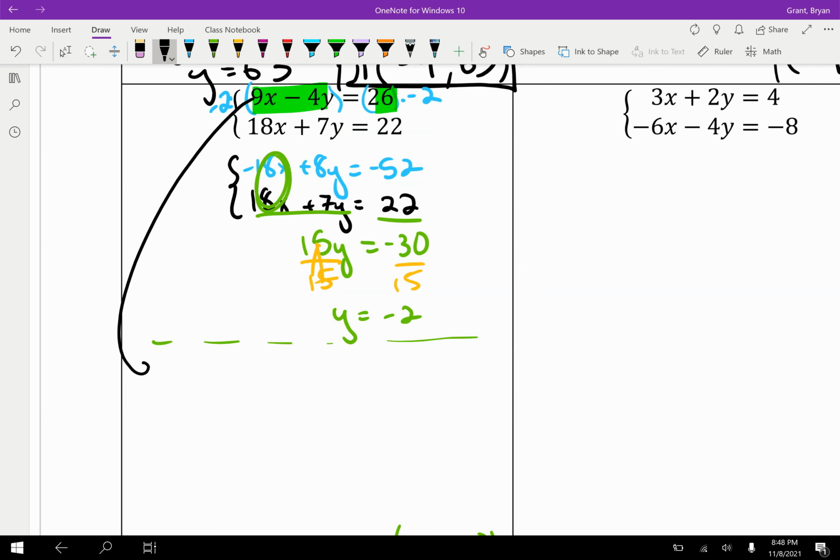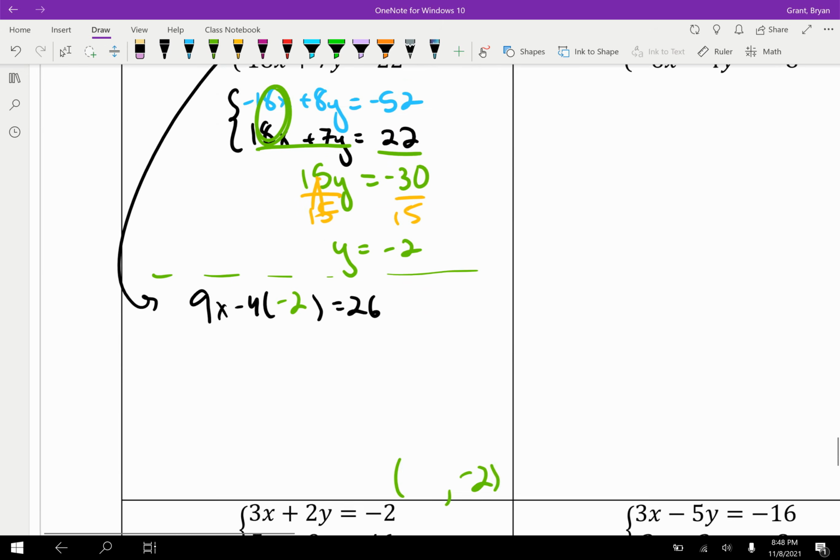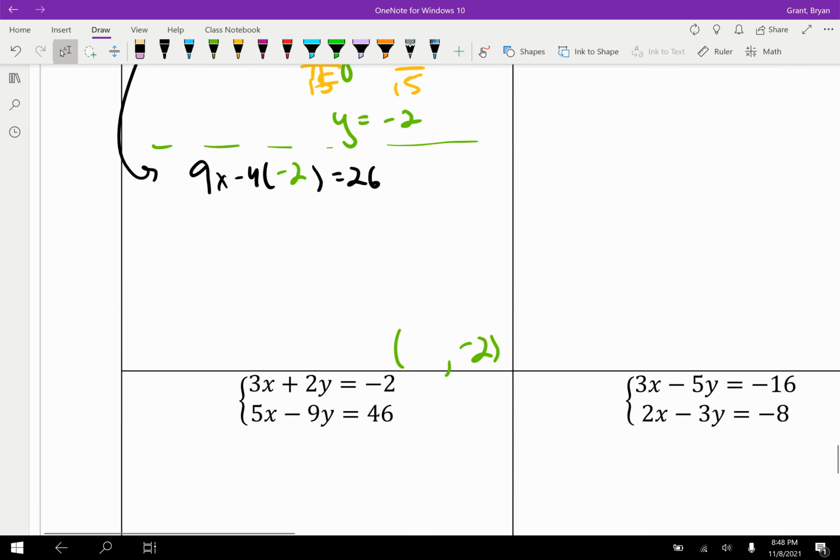I'm going to work this first equation down here. 9x minus 4, we know the y now. The y is negative 2. I also, by the way, find drawing arrows helps me make fewer mistakes when I go back up, because sometimes people say, oops, and they write the 22 or something like that. But the arrows help me. So 9x plus 8 equals 26.